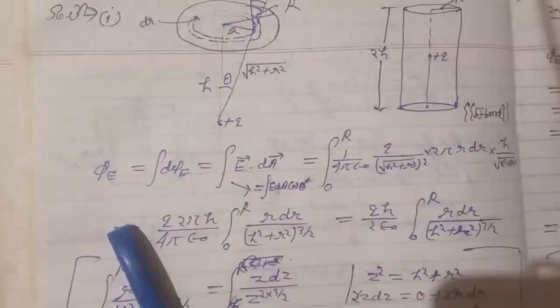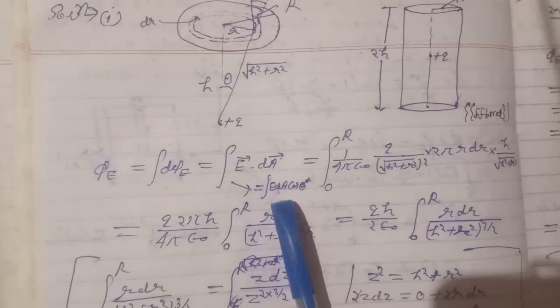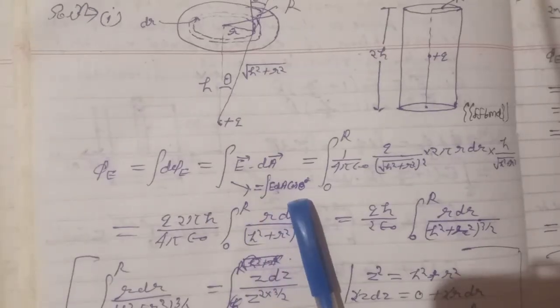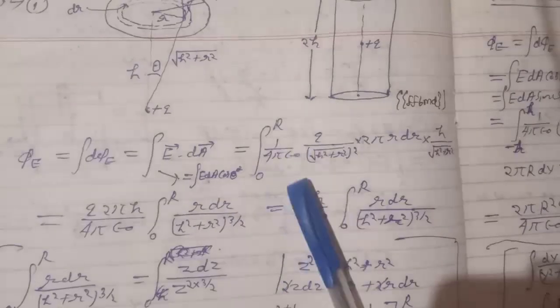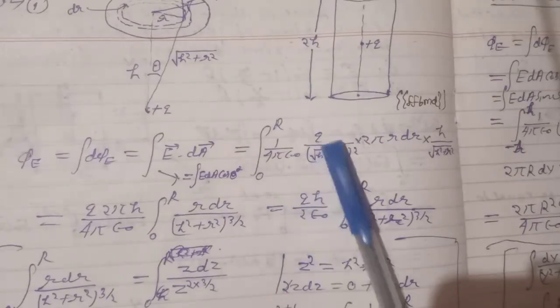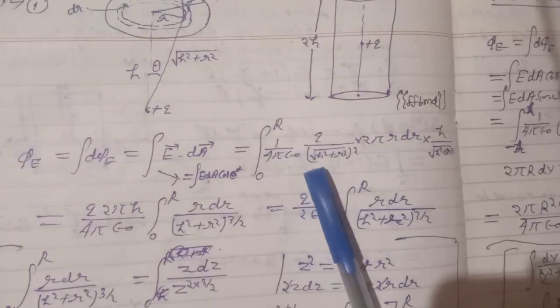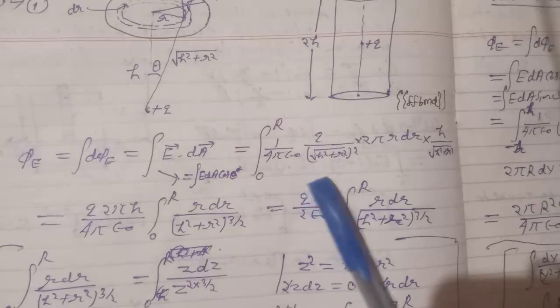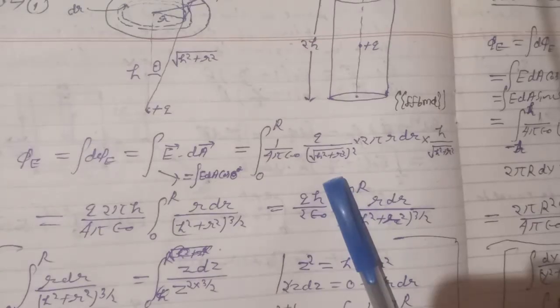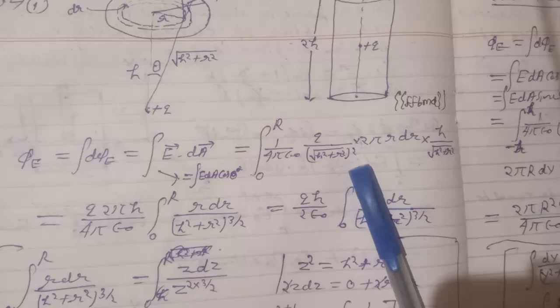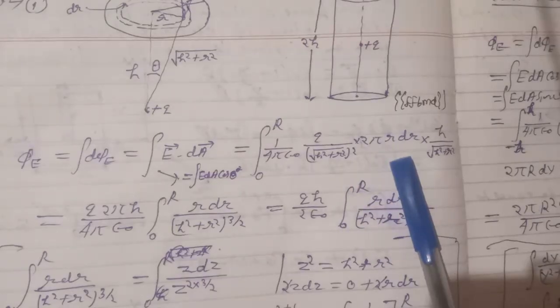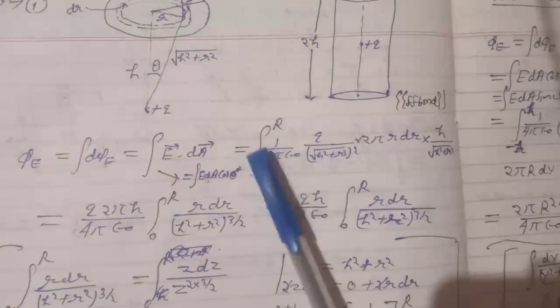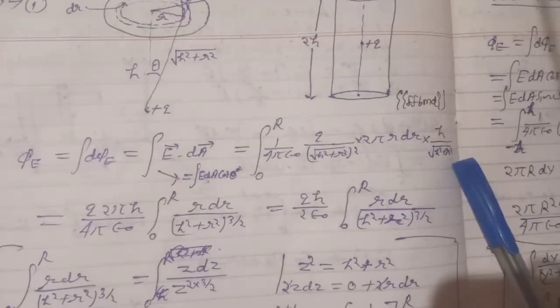So flux will be integration d phi, integration E vector dot dA vector, or integration of E dA cos theta. Now integrating 0 to r, 1 by 4 pi epsilon naught, and q by under root h square plus r square to the whole square into 2 pi r dr, and into cos theta equals h by under root h square plus r square.